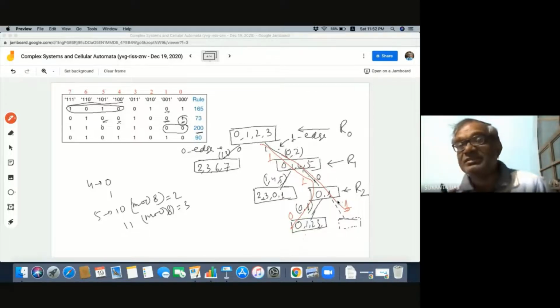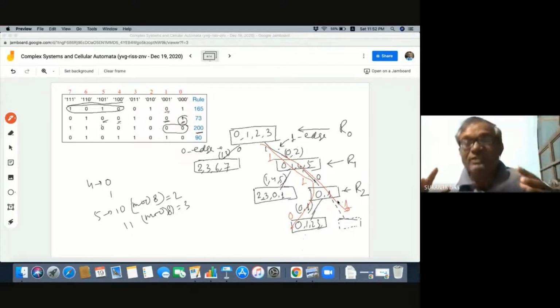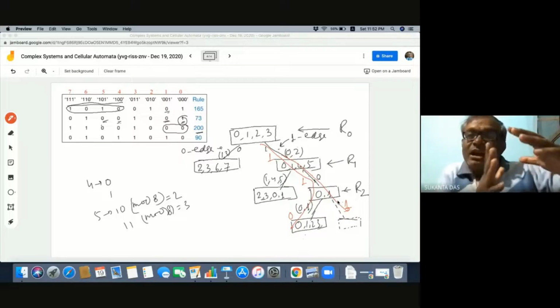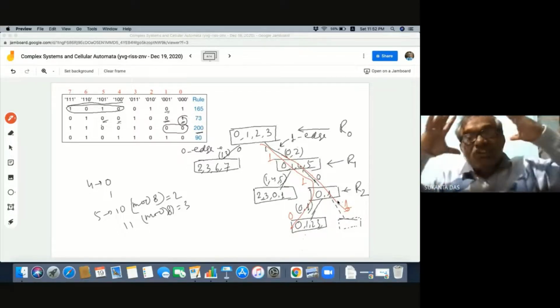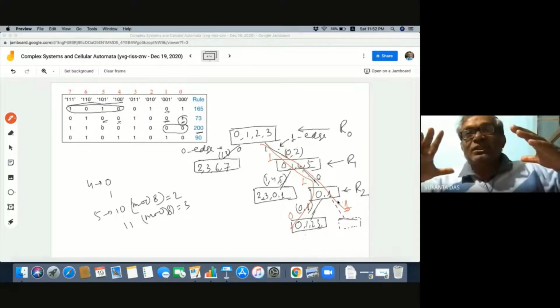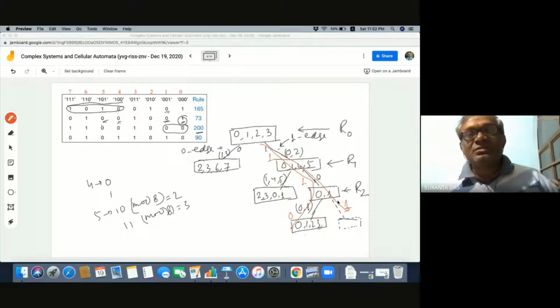You can see here that actually we are tactfully tagging RND sequences and configurations. And the reachability tree tries to represent all possible configurations of a given CA. Sometimes it fails due to the tagging.